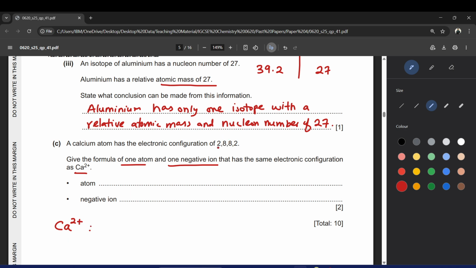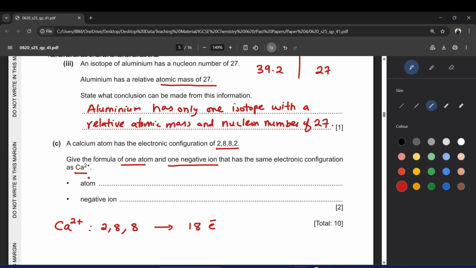Okay, the original atom has 2882. Now, if calcium has to form an ion, that means it has to lose its outer shell electrons. So there are two outer shell electrons, so it has to lose both of them. So therefore, my new electronic configuration will be 288. Okay, so this would be equal to 18 electrons.